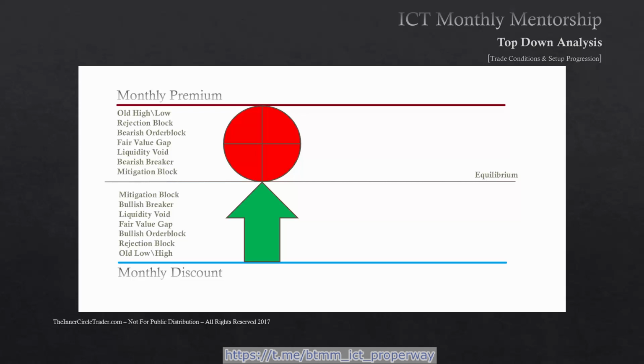So we're looking for bullish PD arrays to buy into with the expectation of selling it at one of the monthly premium arrays.